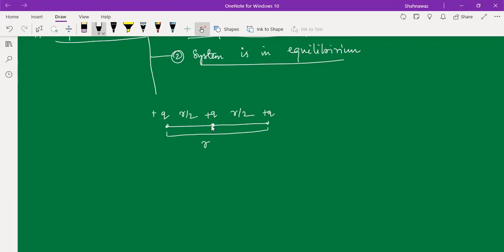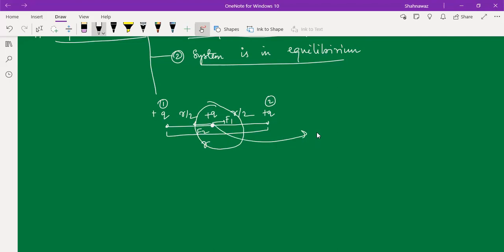At this point there would be two forces acting on this charge, the force due to this charge, 1, and this, 2. So F1 in this direction and F2 in this direction, right, guys? Yes, sir. So now this point is at equilibrium, right?